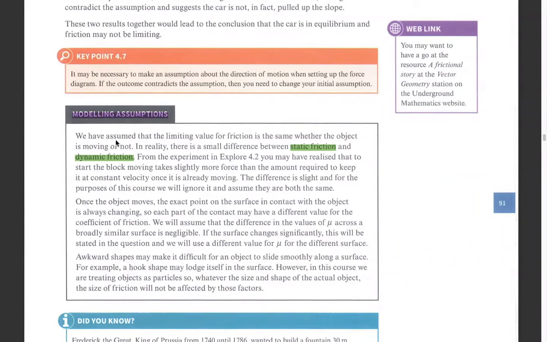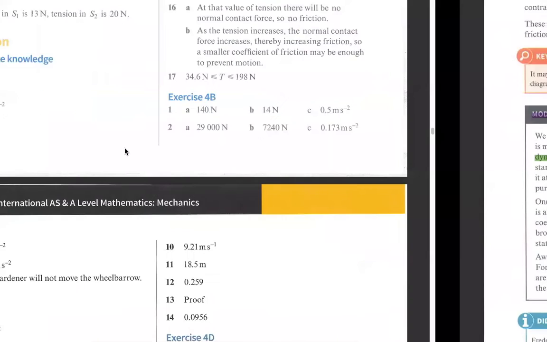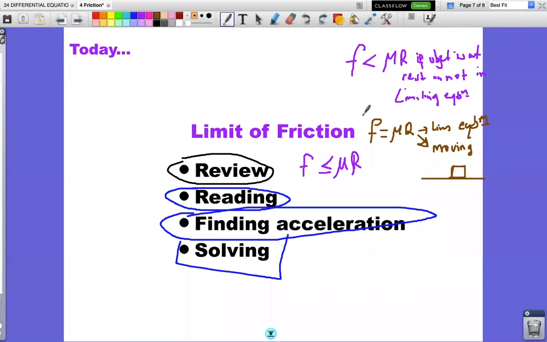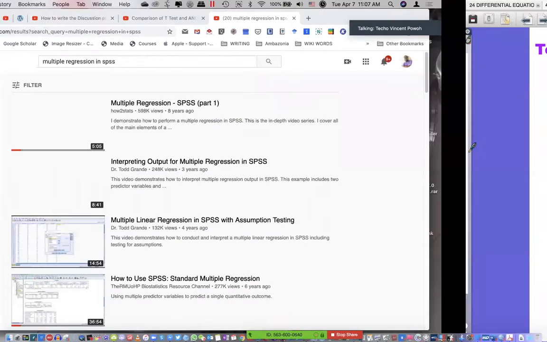It says, we have assumed that the limiting value for friction is the same whether the object is moving or not. So we have assumed that F is equal to mu R, whether the object is in limiting equilibrium or is moving.